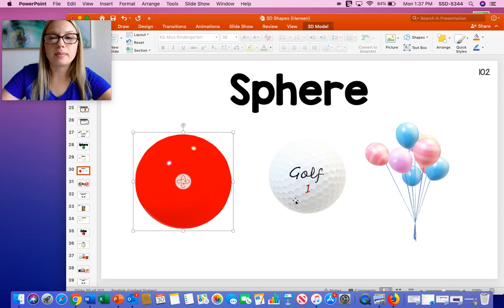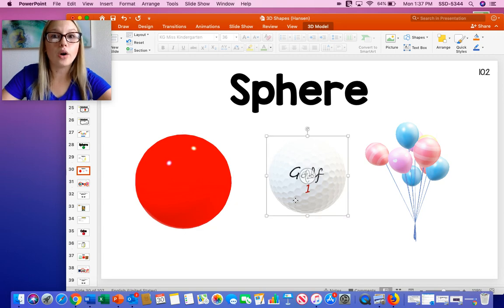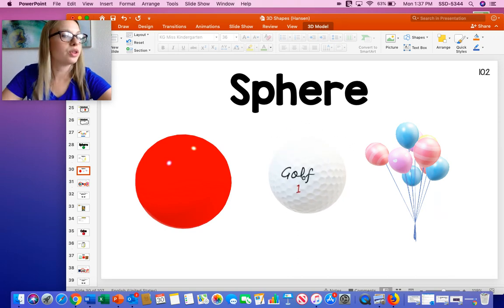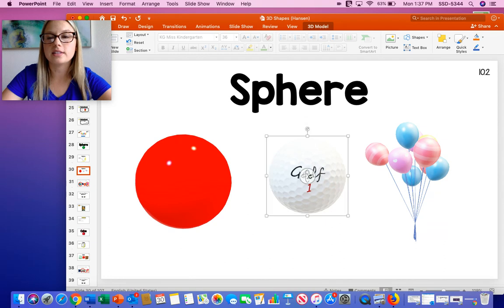The next shape that's a sphere is a golf ball. A golf ball is a ball you play golf with. Is that real life? Are golf balls real life? Yeah, so they must be 3D and they must be solid. I'm turning it around. I see it is round and curved with no flat surfaces.